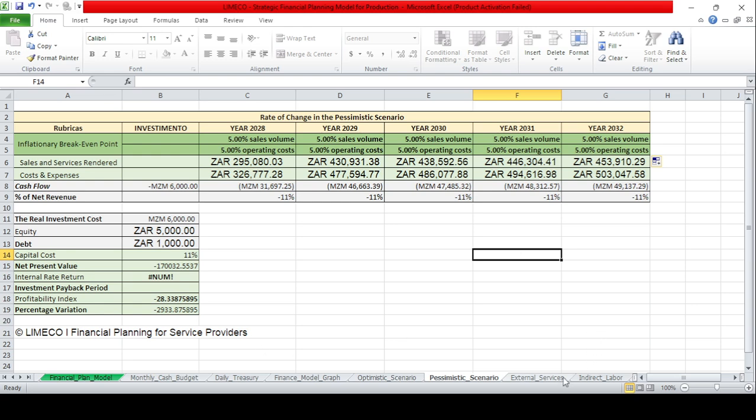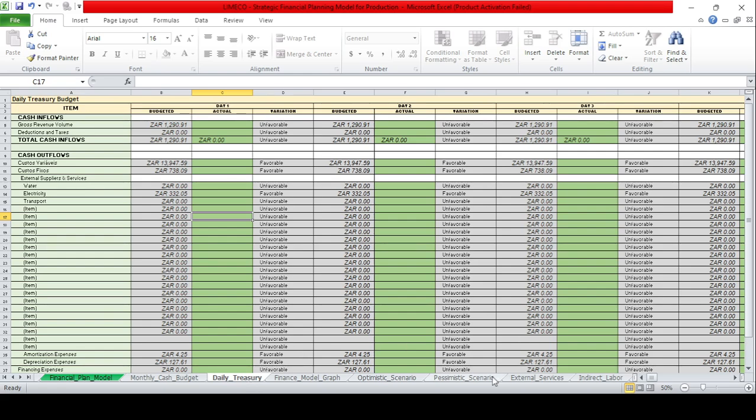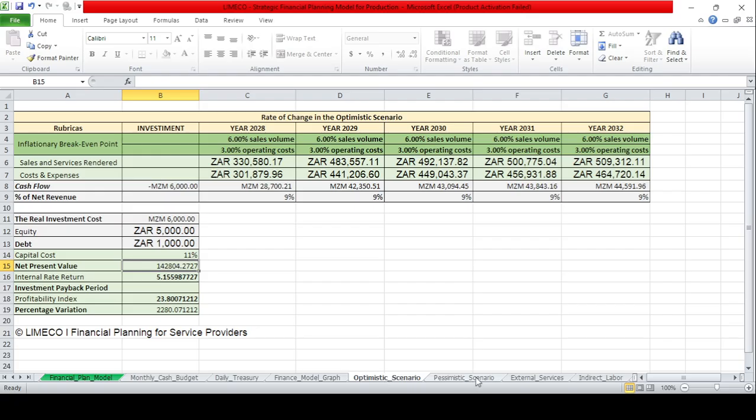Okay. And in the financial planning, we can work between the monthly cash budget and the daily cash budget with the optimistic scenario and pessimistic scenario. Okay.